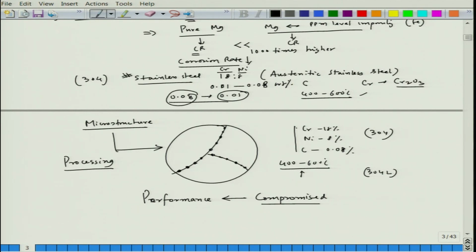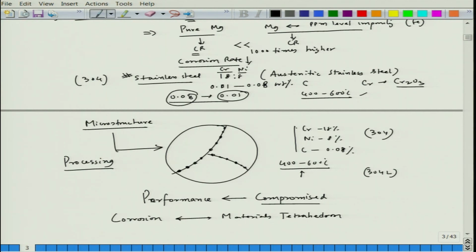So, it is very clear that corrosion and the materials tetrahedron are hugely related.